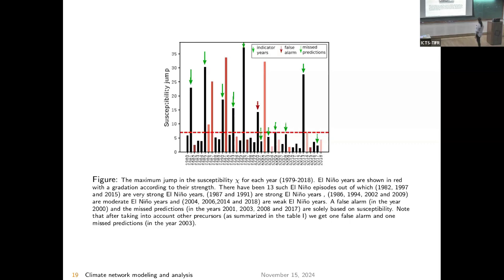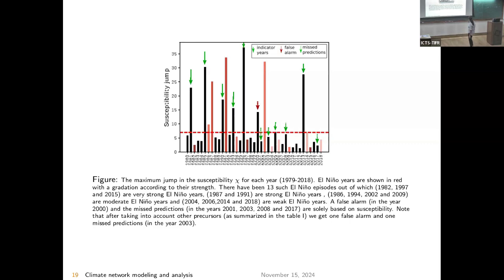97, 87 and 91 are strong and likewise. So we observe one false alarm in the year 2000. We think that it is because there was a prolonged La Nina happening during that time, I guess 32 months of La Nina, from July 1998 to February 2001.